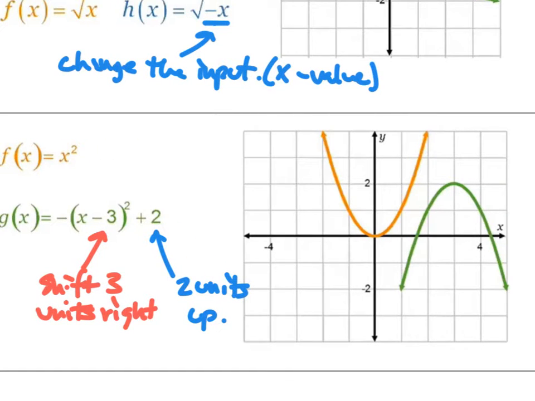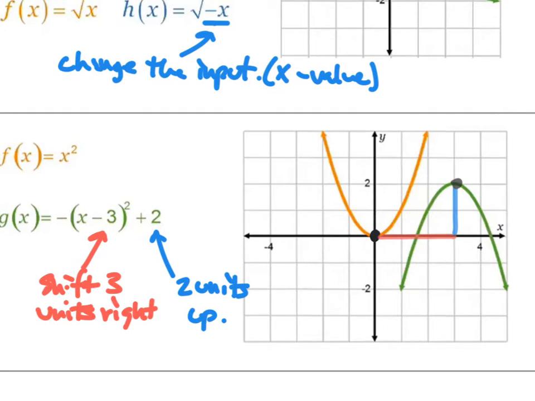If you take this original point here, 0, 0, we shifted that over 1, 2, 3 units over, and then 2 units up, and that gives us the vertex here.